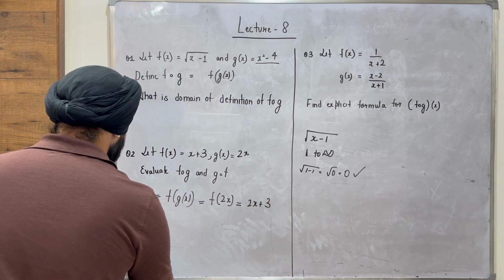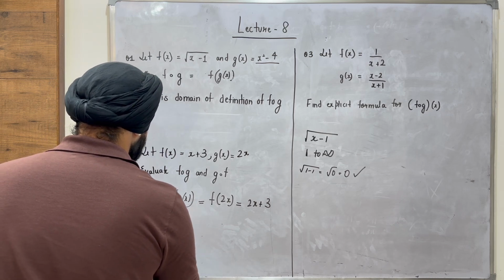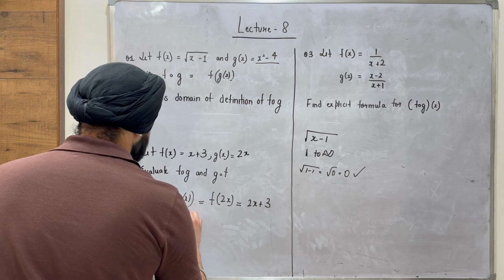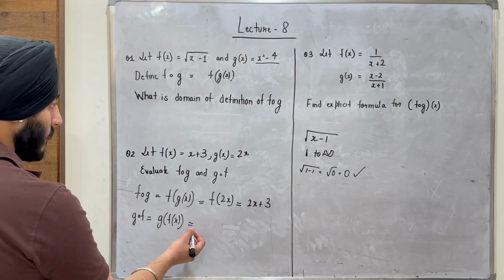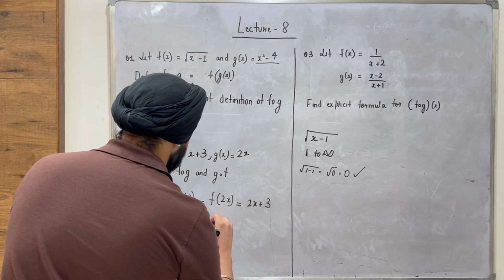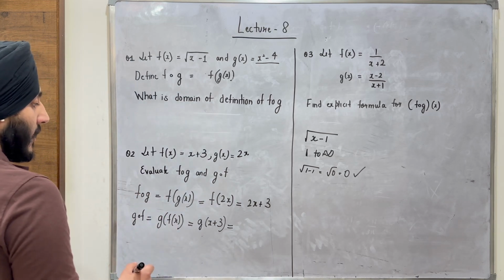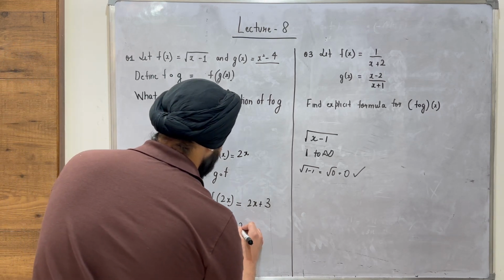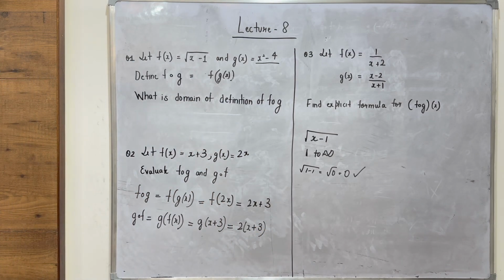And GOF is equal to g of f of x. This results in g of x plus 3, and the final answer that I get is 2 times (x plus 3).